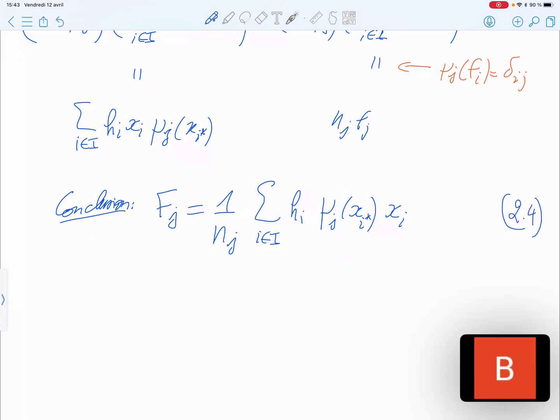In fact, you can just write f_j xi bar if you like.